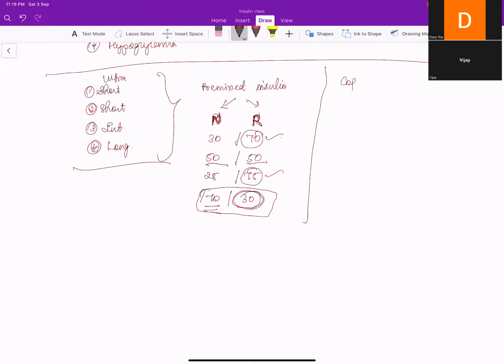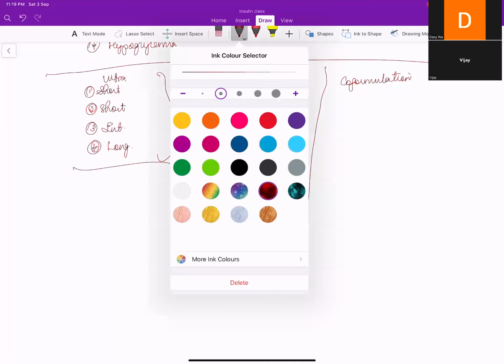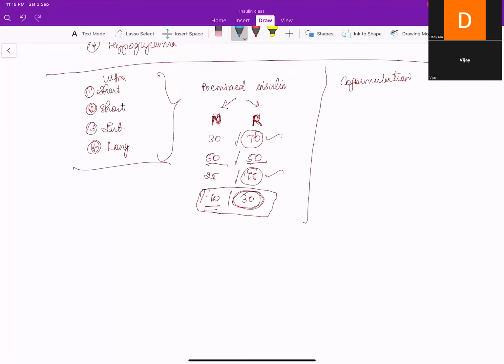Then what is co-formulation? N and R both are soluble. If we mix that, we call it premixed insulin. It will be already mixed in the syringe. But assume a combination of insulin degludec plus insulin aspart.